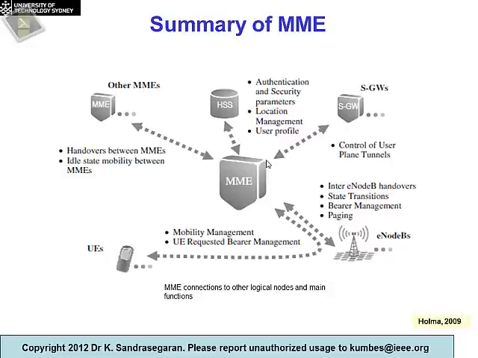Then the MME also has to go to the HSS and extract security related and authentication related information, and also location management. The HLR has to keep information about where a user is located. The MME also has to communicate with other MMEs for the purposes of handover and so forth. So this is a summary of what the MME does.